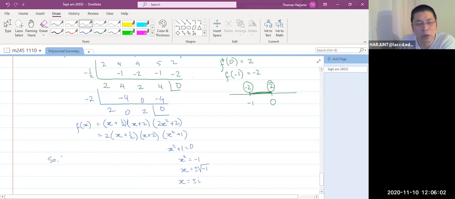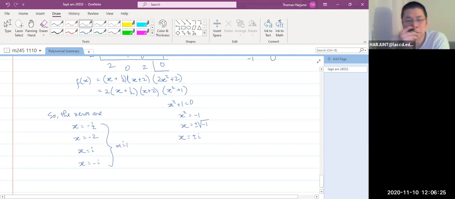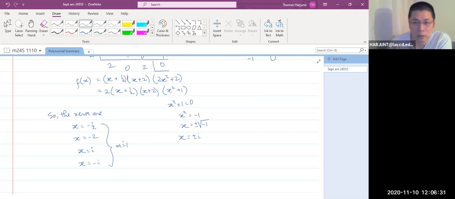So the zeros are x equals -1/2, x equals -2, x equals i, x equals -i. All of them with multiplicity of 1. So I answered that question already: find the zeros.